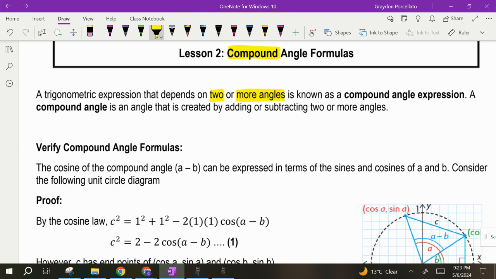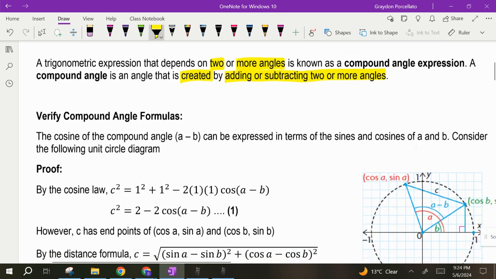I don't know much about chemistry, but I think compound elements are when you have multiple elements put together to create new elements. A compound angle is an angle that is created by adding or subtracting two or more angles. So that's the idea of compound angles. It's when we add two or more together.